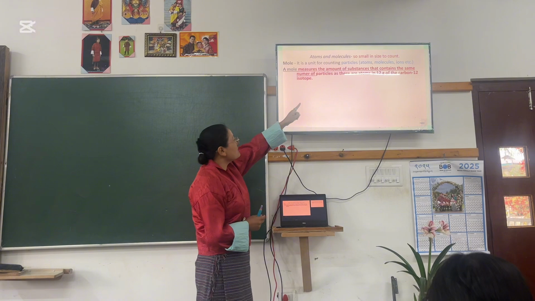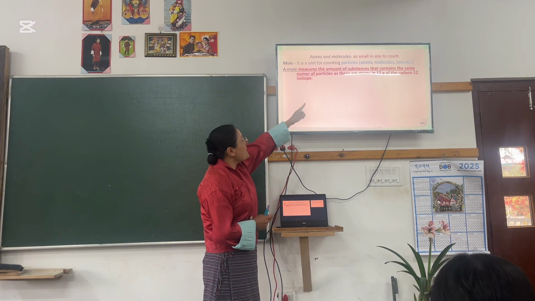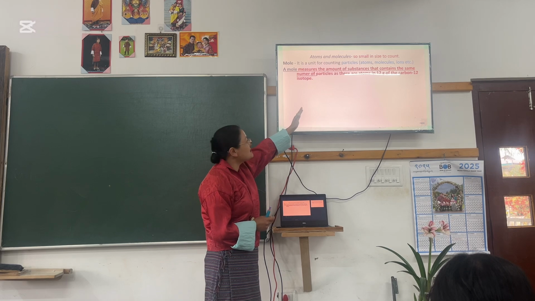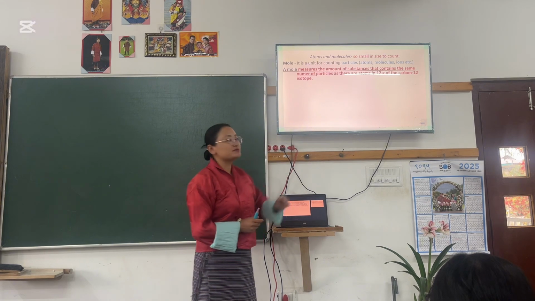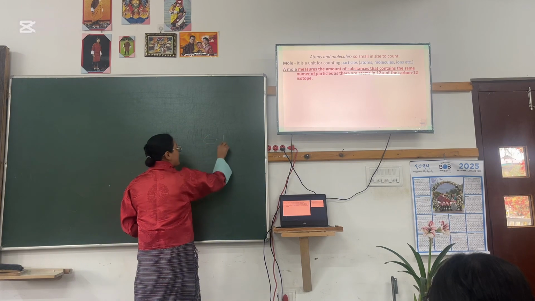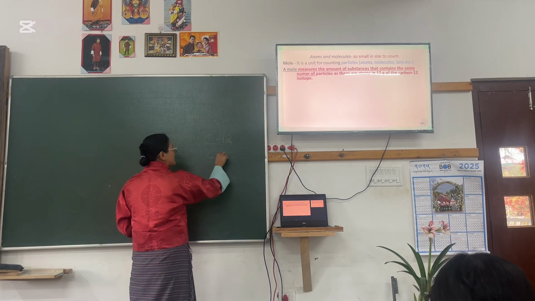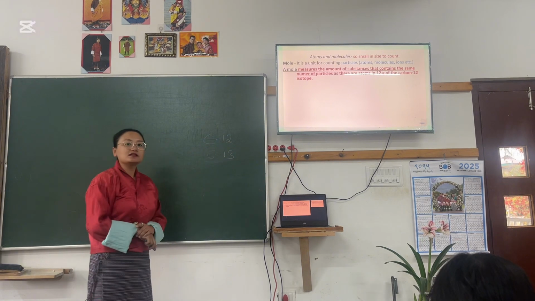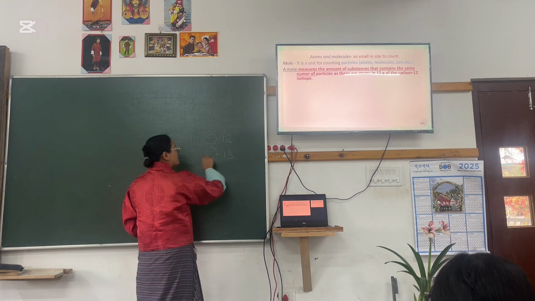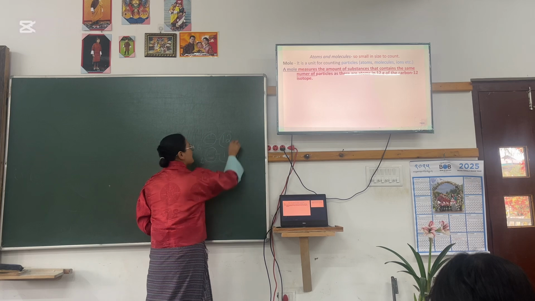Now focus on this. It measures the amount of substance that contains the same number of particles as there are atoms in 12 grams of carbon-12 isotope. Remember, carbon has 2 isotopes, carbon-12 and carbon-13. Isotopes have the same atomic number but different mass number.